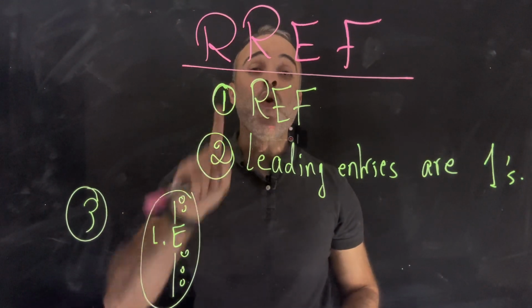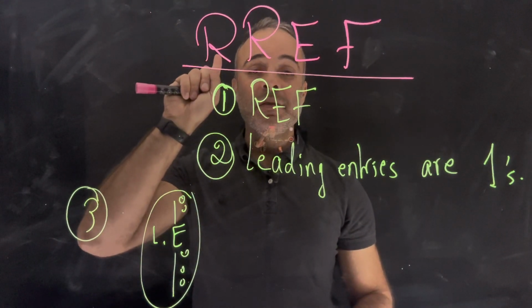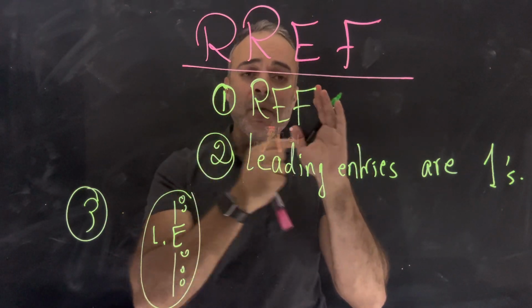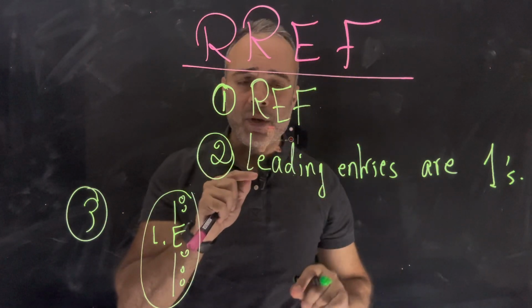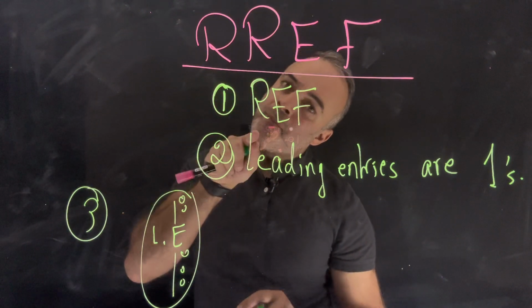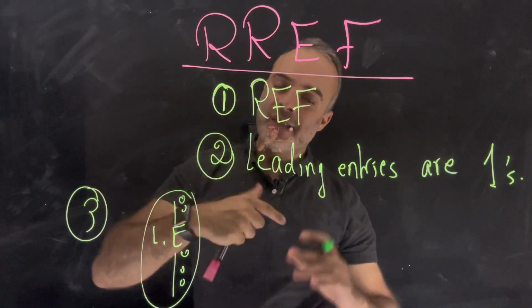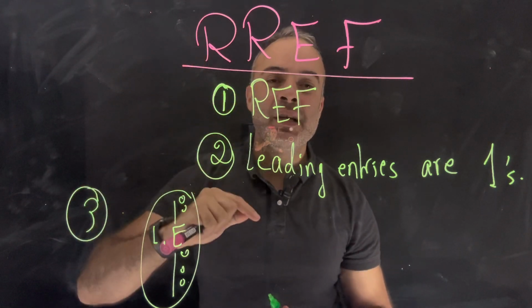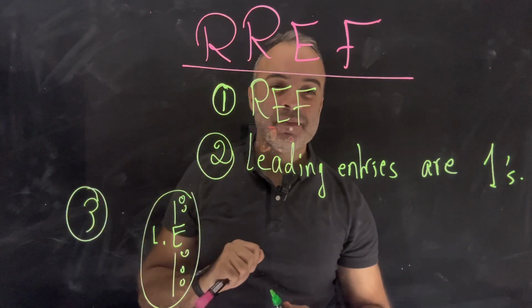So it has to be the only non-zero entry in the column. I'm talking only about the columns which contain leading entries. So in this column, the leading entry, which is 1, must be the only non-zero entry in this column. Okay?